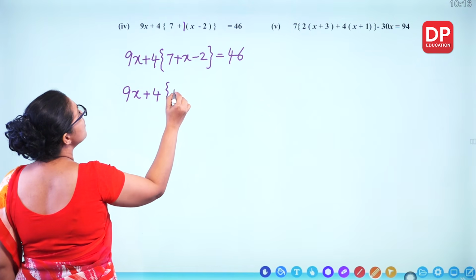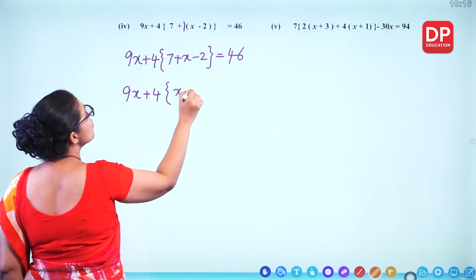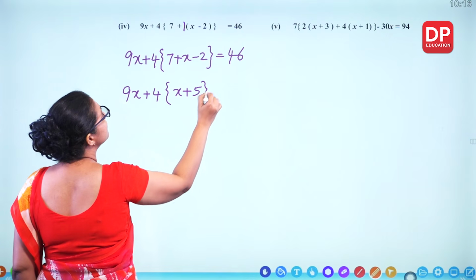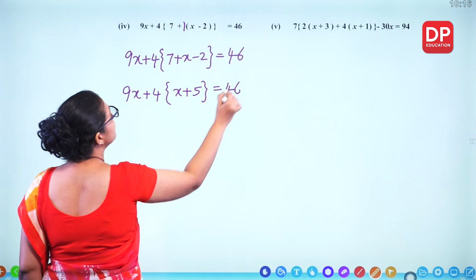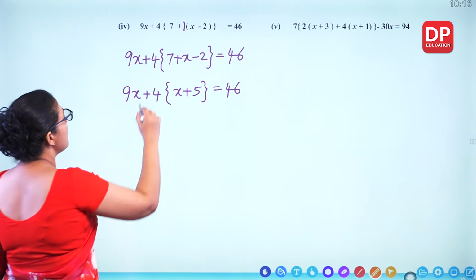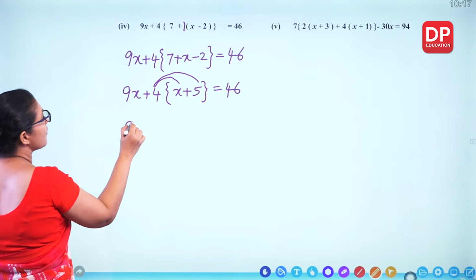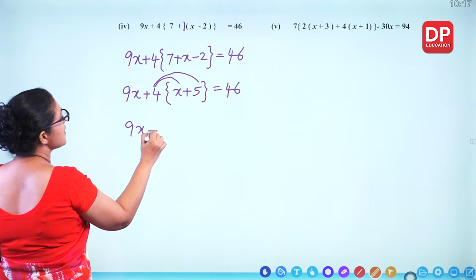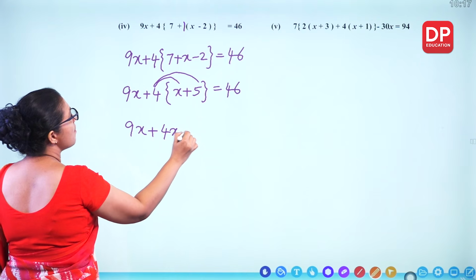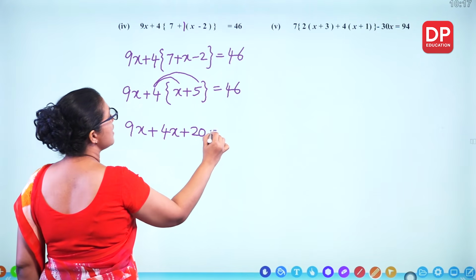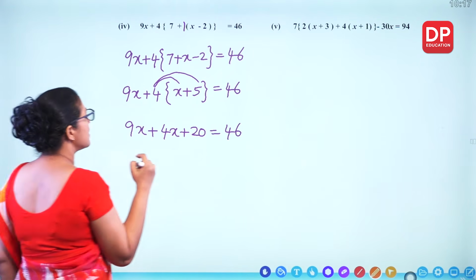Inside you get x, 7 minus 2, that's 5. Now you can multiply this by 4. 9x plus 4x plus 20 equals 46.